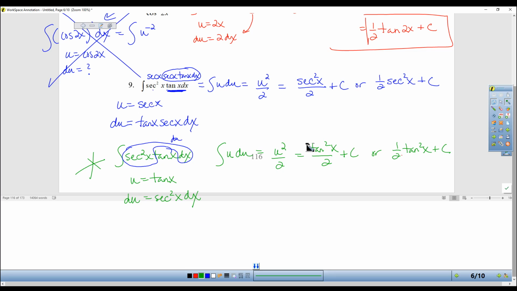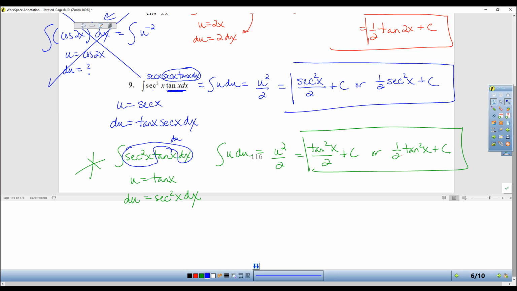And now you're hopefully thinking, oh no, we didn't get the same answer. Okay, really important concept here. They are the same. Because do you remember that 1 plus tangent squared x is equal to secant squared x?